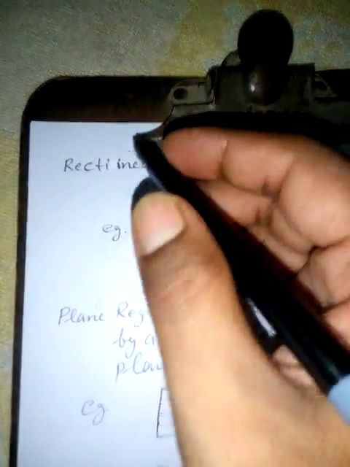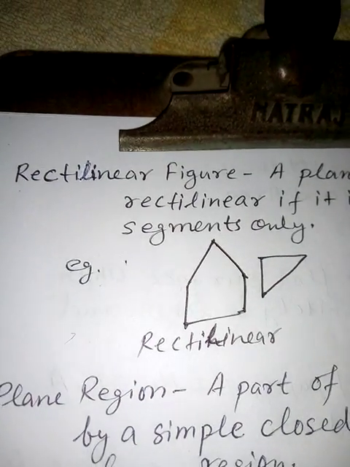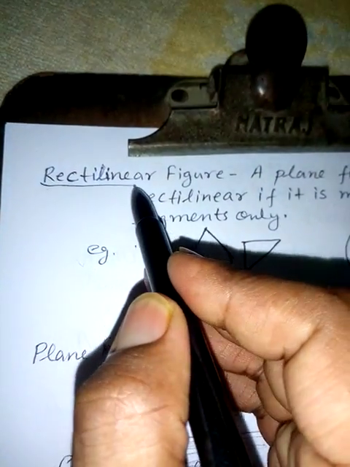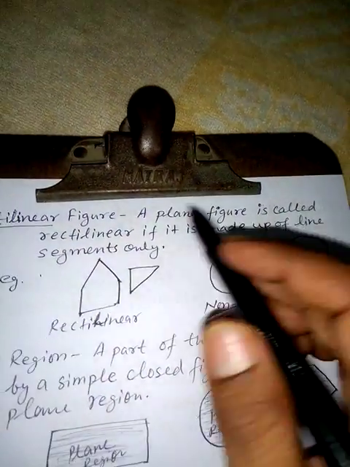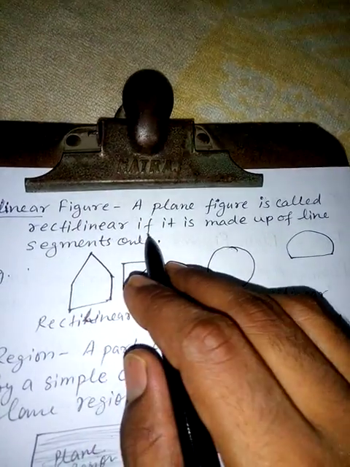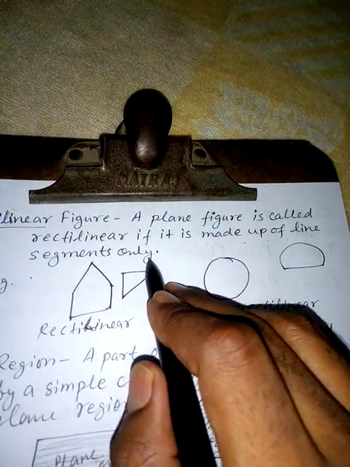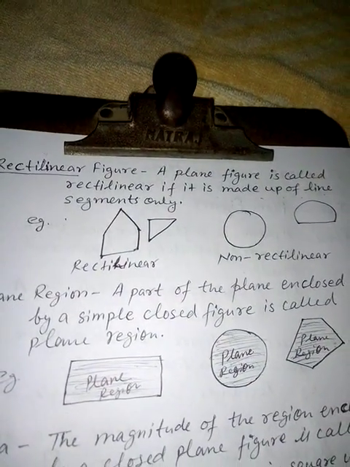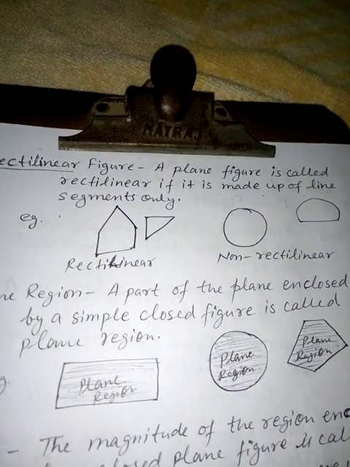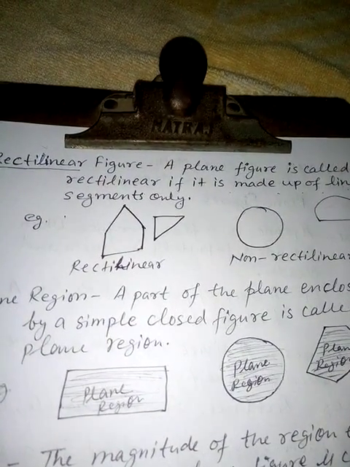Now we have to talk about rectilinear figure. A plane figure is called a rectilinear figure if it is made up of line segments only.